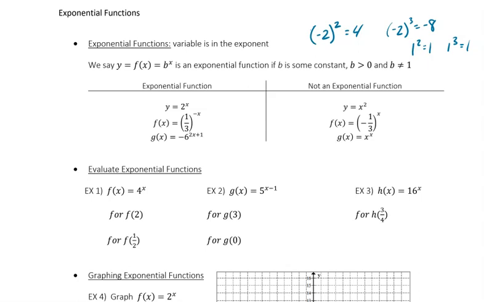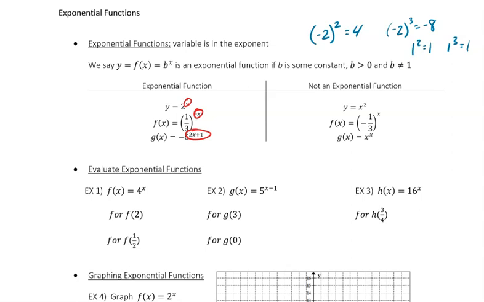Okay, so on the left we have examples of exponential functions. So 2 to the x, 1/3 to the negative x, negative 6 to the 2x plus 1. All of those are exponential functions because the x is in the exponent. The ones on the right are not exponential functions.